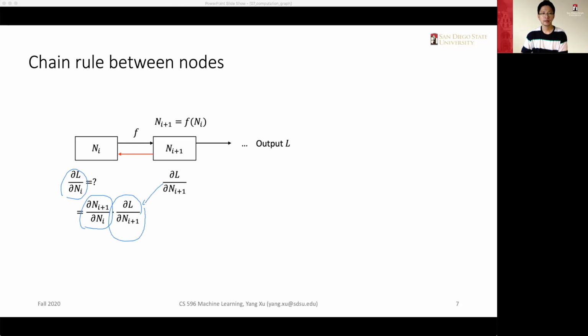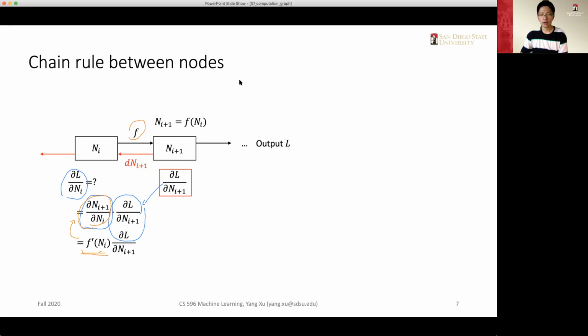This quantity can be obtained from the derivative of the function, because we know it is f. So if we use the derivative of the function and give it the value ni, it is exactly the quantity we need to plug in here. That is the general case of how the chain rule is applied in a computation graph.